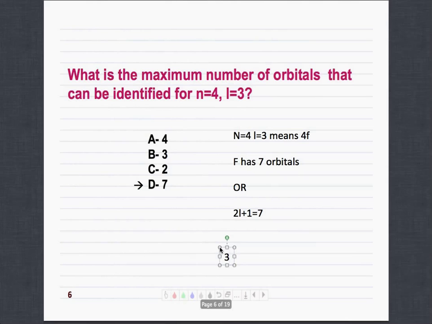It's going to be 3. Why? Because L equals 1 represents a P, and P has 3 orbitals. What about n equals 4, L equals 2? L equals 2 represents a D, and D has 5 orbitals, and so on. Does that make sense?